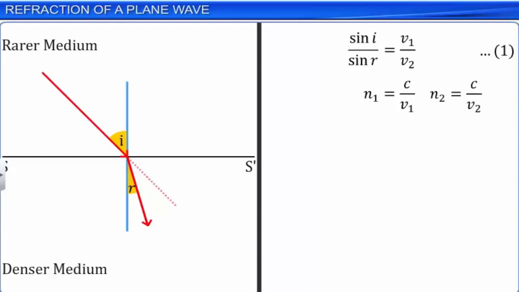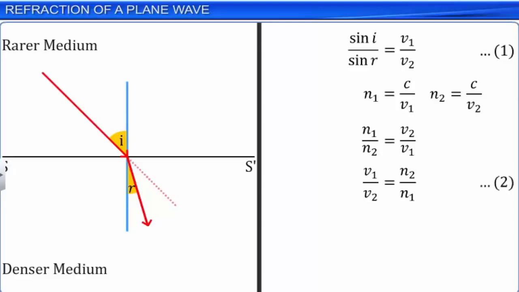Therefore, N1 by N2 is equal to V2 by V1, which can also be written as V1 by V2 is equal to N2 by N1. Let this be equation 2.